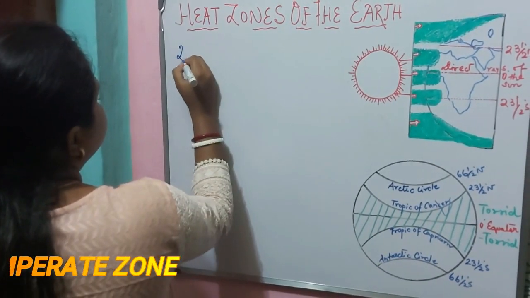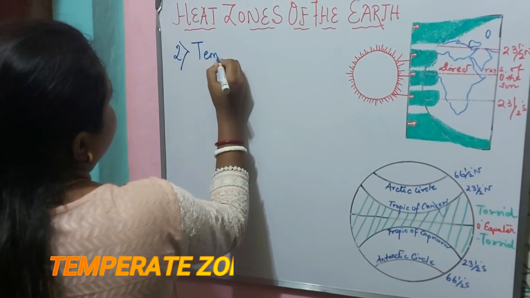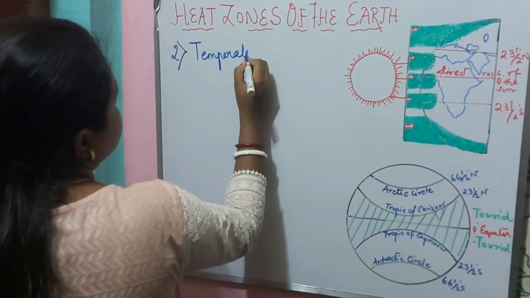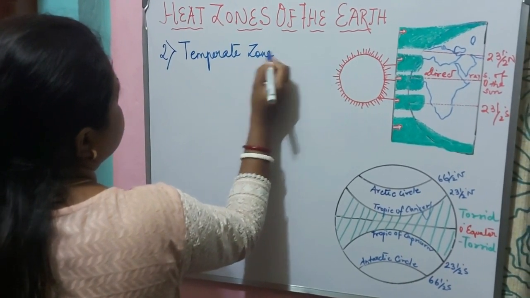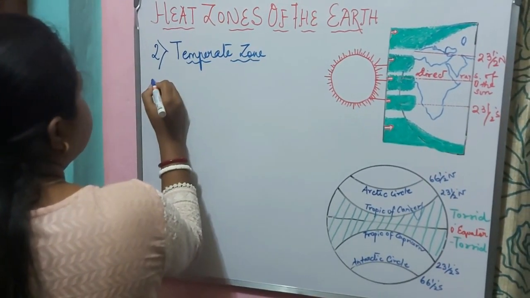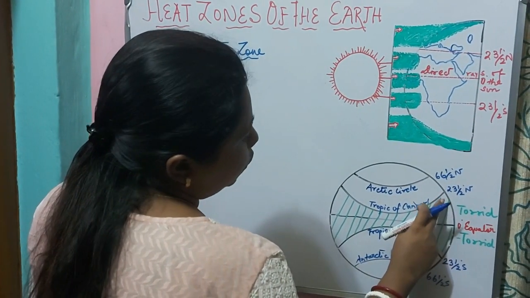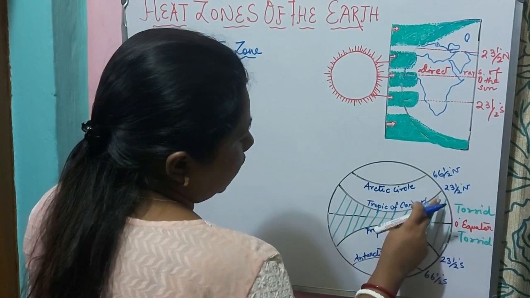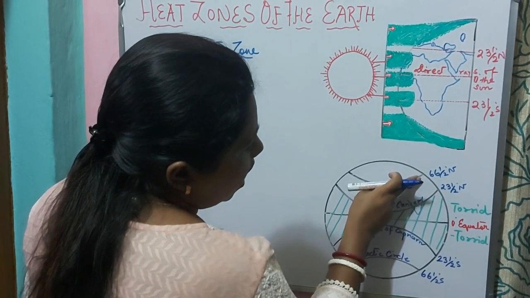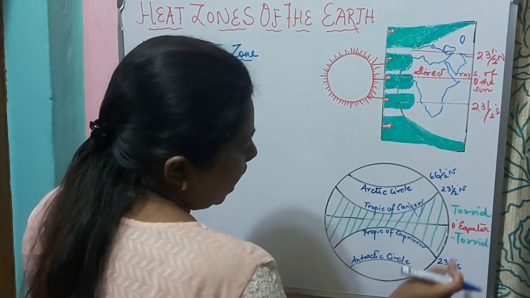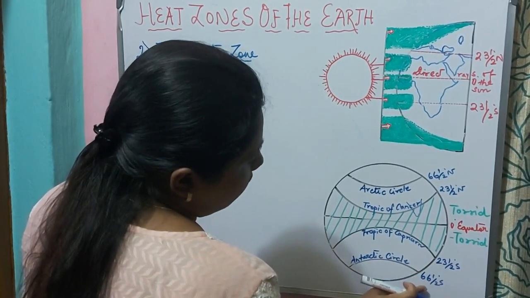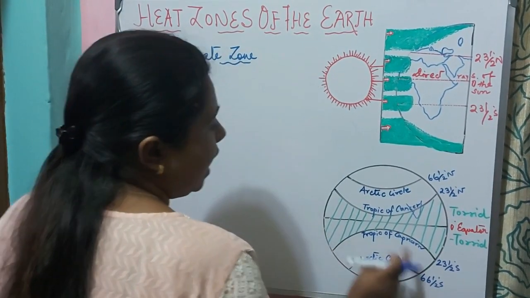Number 2, temperate zone. Let us see the location of temperate zone. So temperate zone lies between Tropic of Cancer and Arctic Circle in the northern hemisphere, and Tropic of Capricorn and Antarctic Circle in the southern hemisphere.